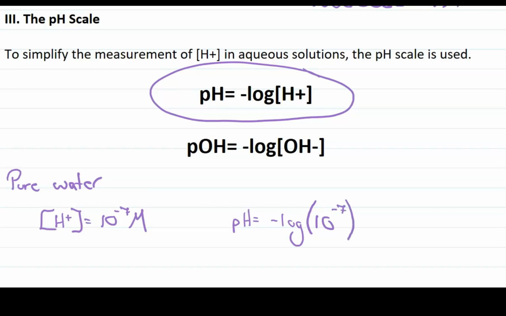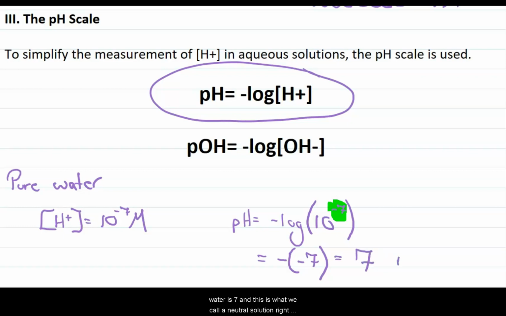Remember, when we take the logarithm of a number, we're just looking at what is that exponent. So now we have pH equals the negative of negative 7, which, two negatives equal a positive, so the pH of pure water is 7.